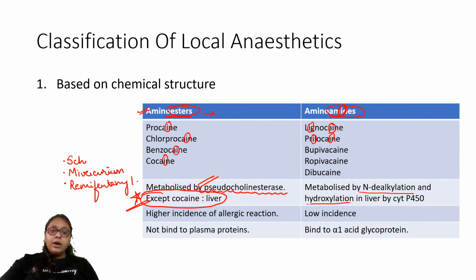Now, amino esters have a higher incidence of allergic reaction. Always remember this. Amides have a low incidence of allergic reaction. Esters do not bind to plasma protein and therefore are short acting, but amides bind to alpha 1 acid glycoprotein.